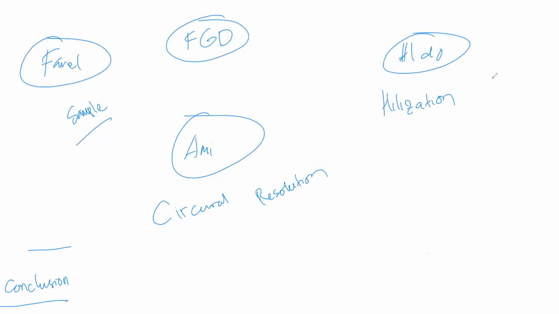And on the other hand, another problem with doing circular resolutions: I know we can use an e-signature application, but not all notaries accept the implementation of e-signatures until now.